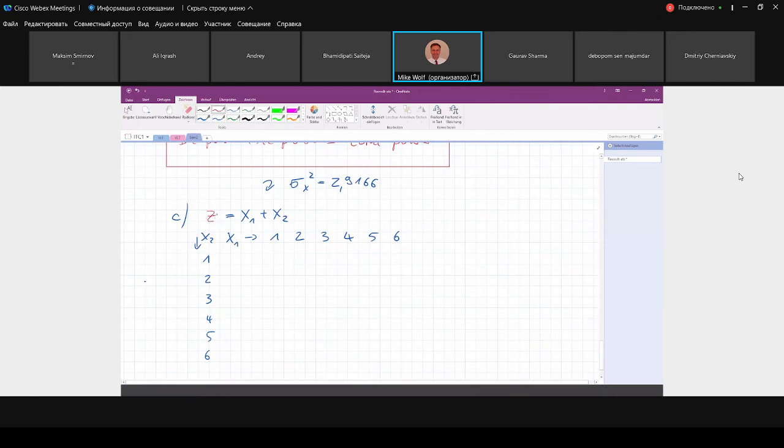Z is the sum of both numbers. So the sum would be 2, the sum would be 3, the sum would be 4, 5, 6, 7. This is one more, right? 3, 4, 5, 6, 7, 8. This is 4, 5, 6, 7, 8, 9, and so on.